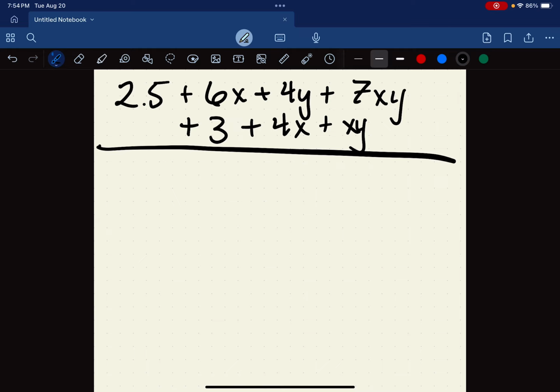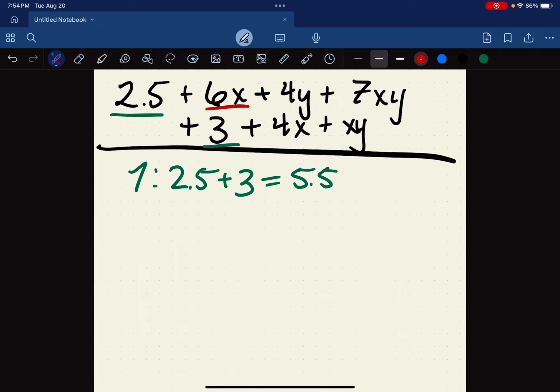So for the constant terms, it looks like we have, and let me color code this. For the constant terms, we have 2.5 and 3, and those are the only constant terms I see. So 2.5 and 3. Together they make 5.5. Next we'll do the x terms, which looks like we have a 6x and a 4x.